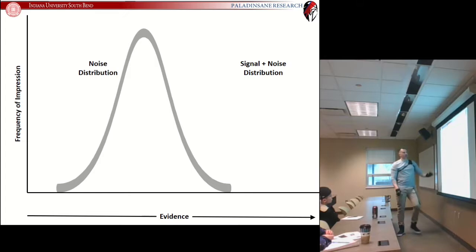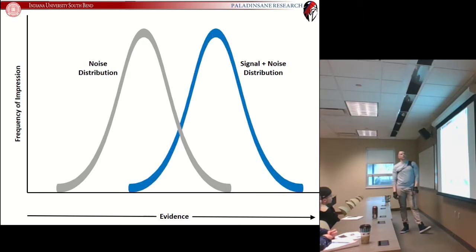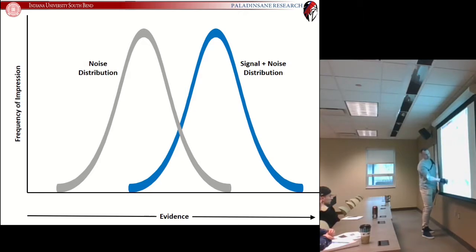And the signal, all it does is provide more evidence, so the distribution for signal plus noise looks like that. If your nervous system was at this position when there was just noise, and then somebody made that sound, your evidence would move to here.